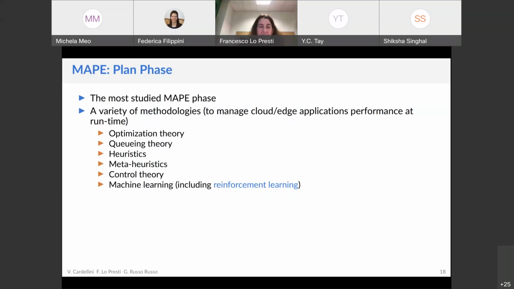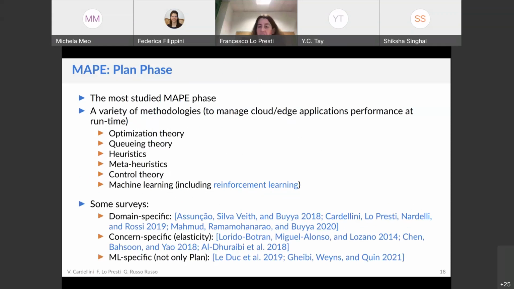You have here a list of approaches that have been used in the past, and here you can find some references to surveys that review these different approaches according to the domain, for example, data stream processing applications, according to the concern, for example, elasticity, which is our focus, regarding the deployment.